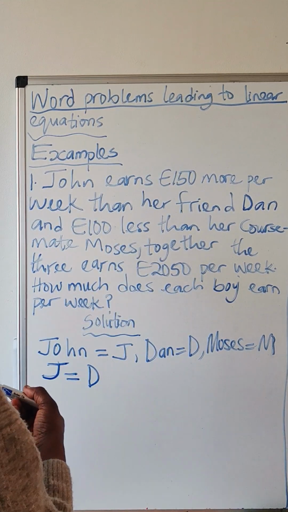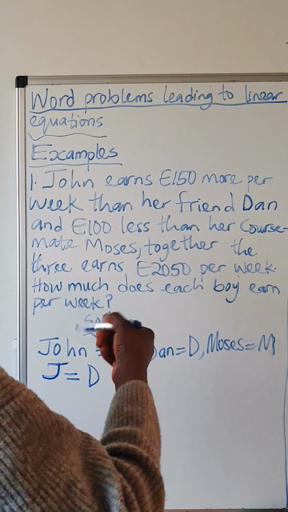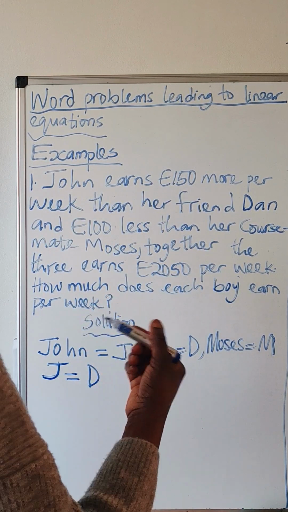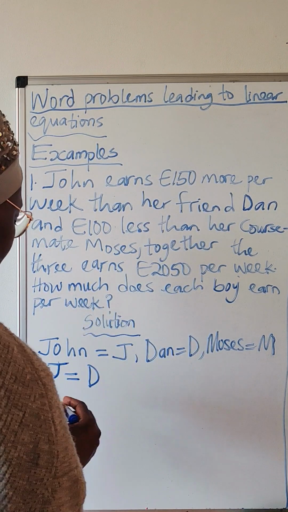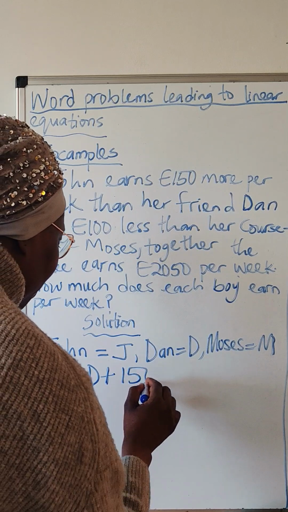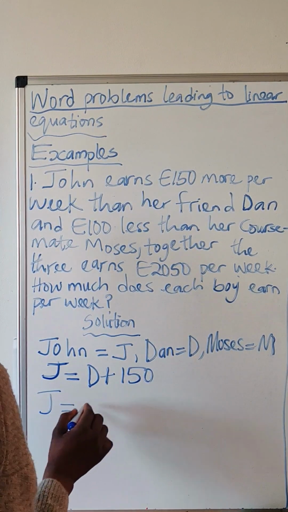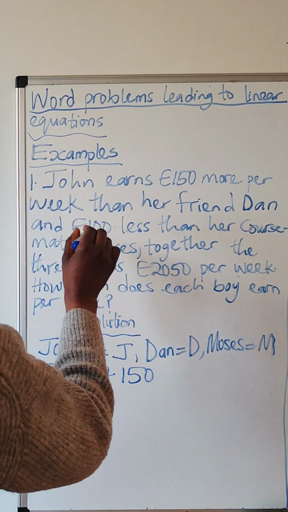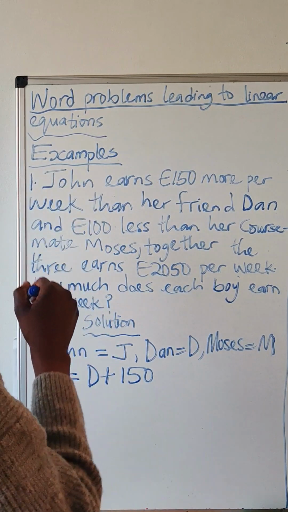What John is earning is £150 more than what Dan is earning. So we have here J equals D plus 150. Another statement is that John earns £100 less than our housemate Moses.